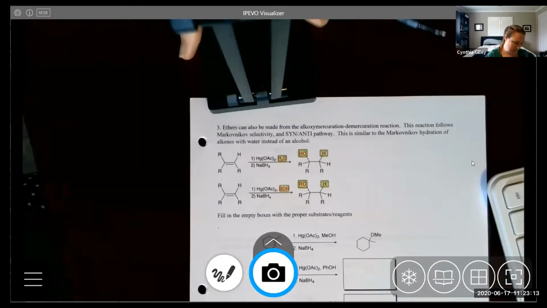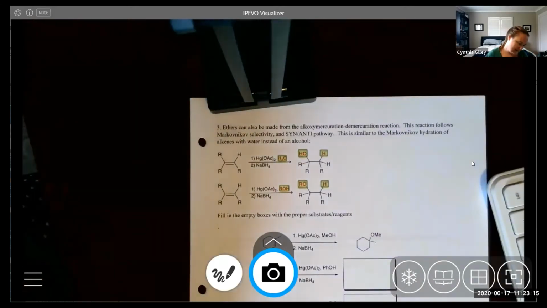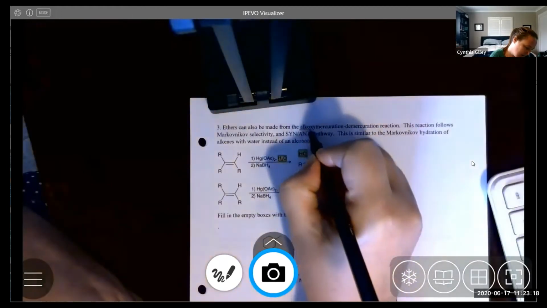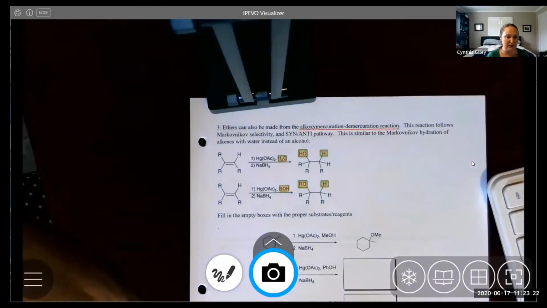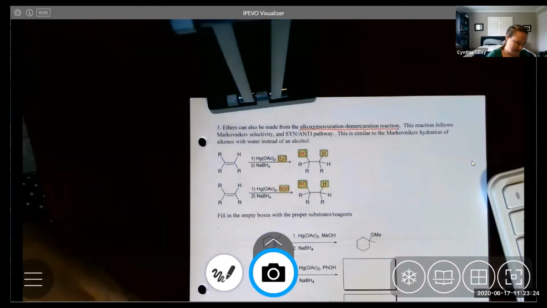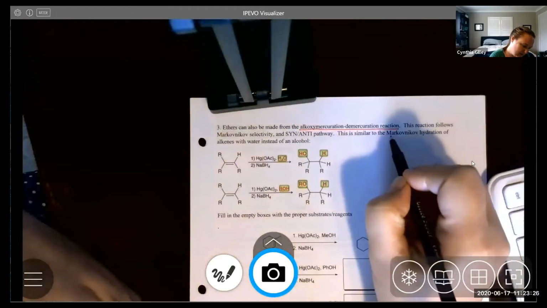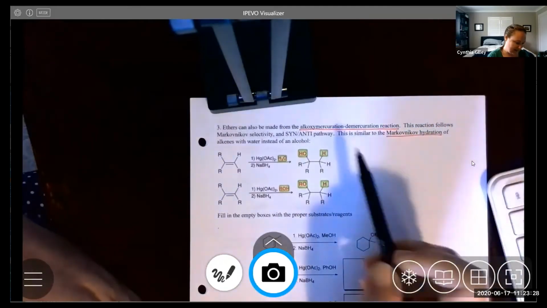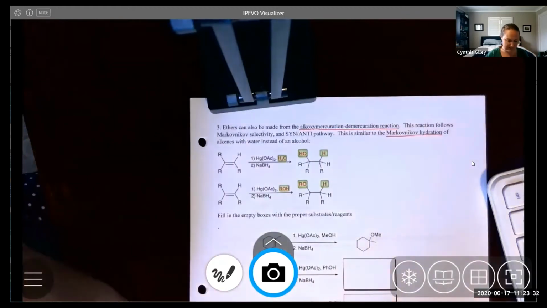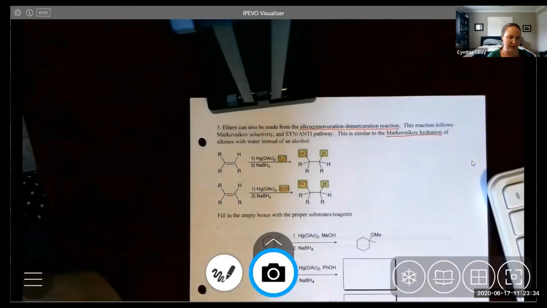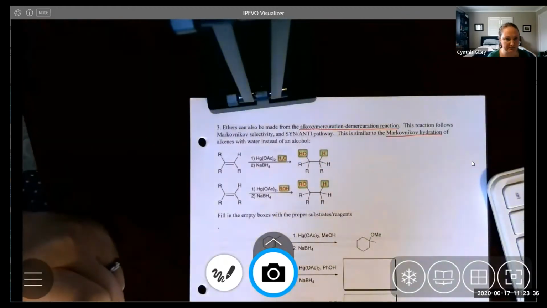So we're looking at the alkoxymercuration demercuration reaction, which is very similar to the Markovnikov hydration reaction. Instead of saying alkoxymercuration, we used to call it oxymercuration, with water.